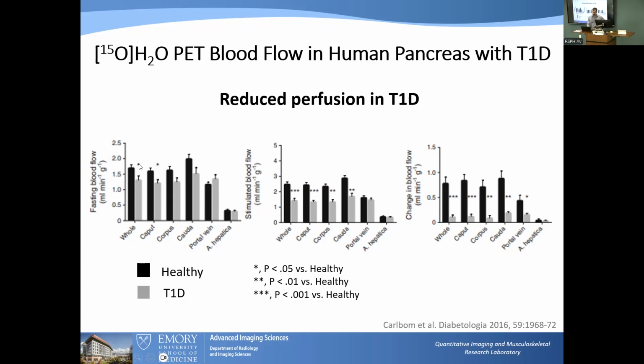You can see there are significant differences throughout most of the whole pancreas and the head of the pancreas at fasted states, and then during stimulation, the change in blood flow is relatively large in healthy individuals and relatively unchanged or small in type 1 diabetes patients. So there seems to be some kind of abnormality in microcirculation in the pancreas.